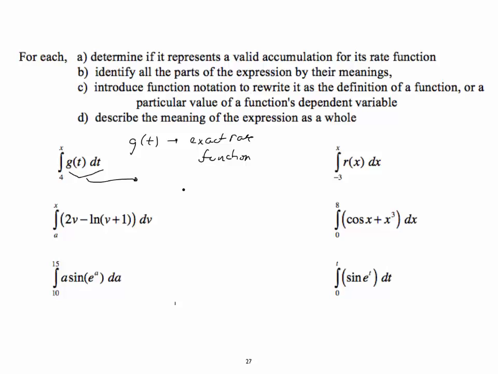What does that represent? Is it the whole amount accumulated from A to X? G of t dt? Same concept. Go ahead. It's the amount accumulated from 4 to t. Is that right? Or X.